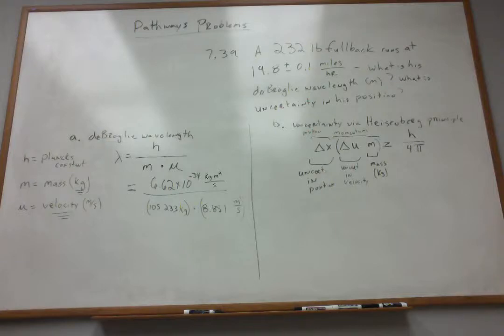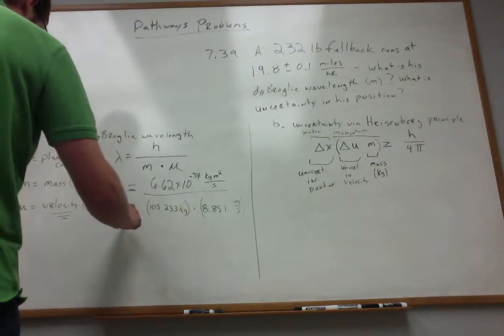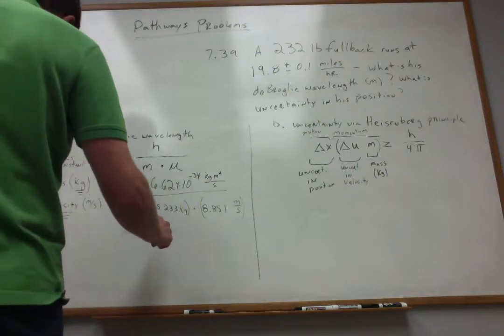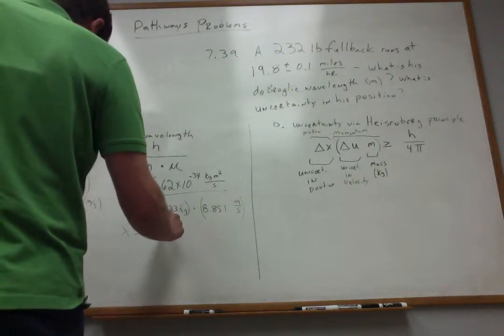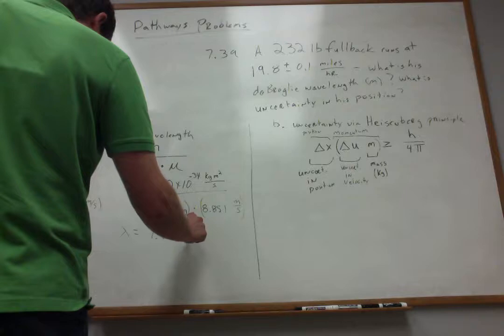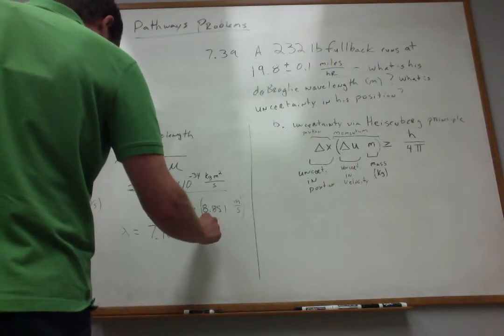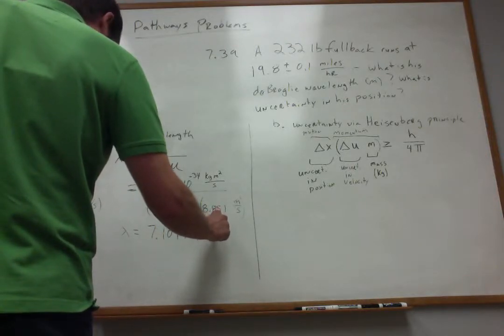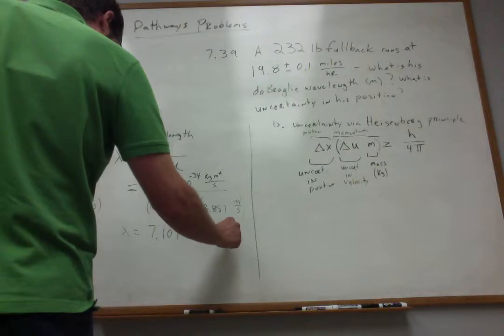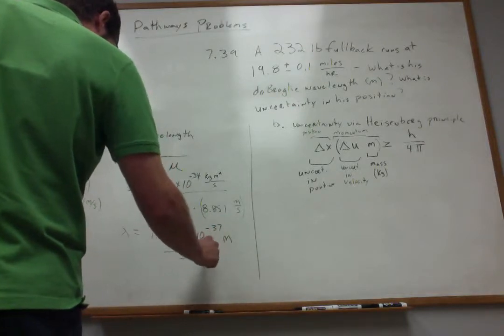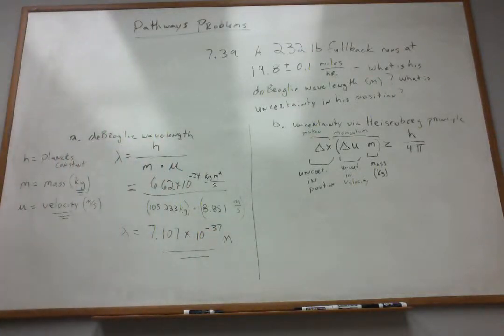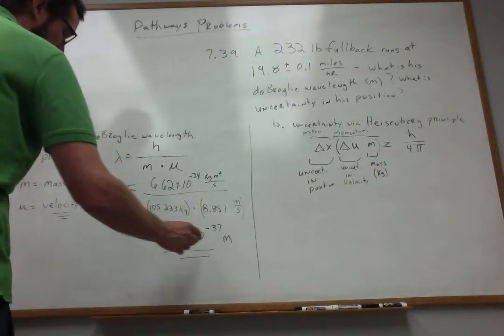We put the 105 in, we put the 8.85 in, and we compute this football player's de Broglie wavelength to be 7.107 times 10 to the minus 37 meters. So 7.1 times 10 to the negative 37 meters.